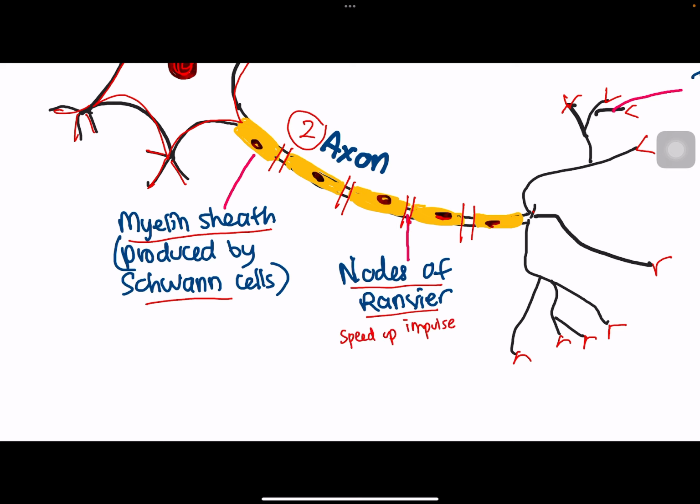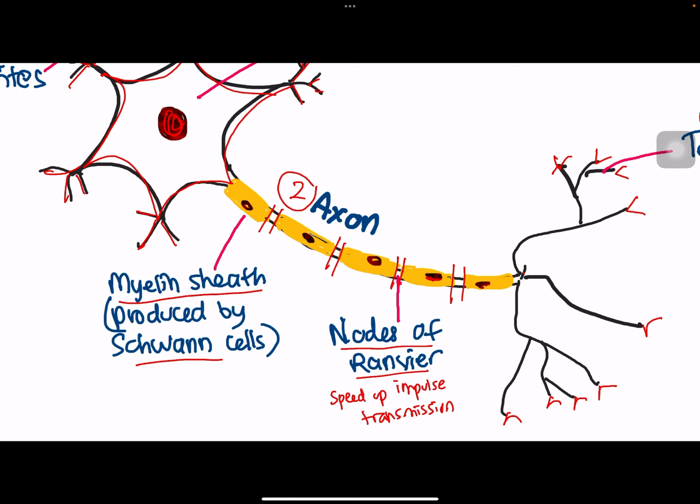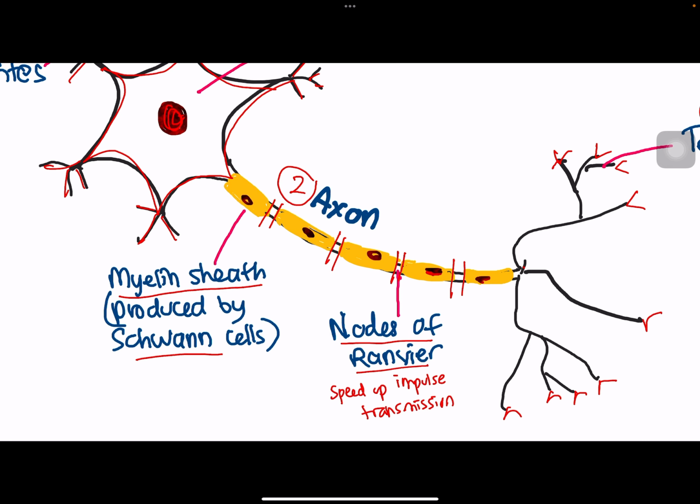If you think about the action potential, how is the action potential generated? It first needs to cause depolarization of part of the axon, and when it hits the threshold of about negative 55, it will cause the action potential to fire. This depolarization needs to travel across the axon, and you can imagine that it needs some time to do so.